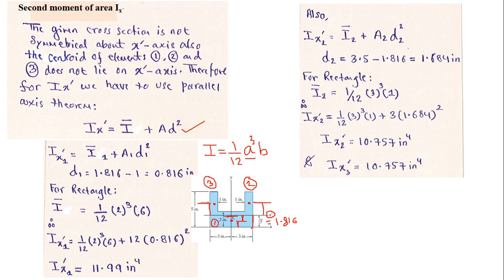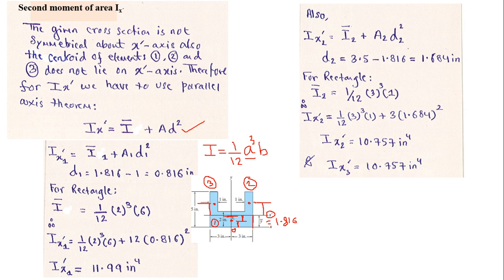So we know that measured from point O, which was our reference, everything is measured from the reference. This distance was 2 plus 1.5, which is 3.5 inches. Okay. So this distance was 3.5 inches, and this distance is 1.816.